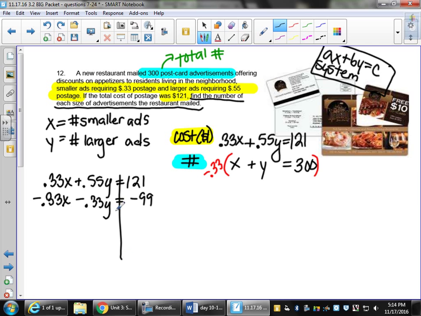Ready to linearly combine these. Let's see what happens. The x's cancel, which is good because that's what I wanted. Positive 0.33x cancels with negative 0.33x. Combining a positive 0.55 minus 0.33, we get 0.22y equals 121 minus 99, which is 22. We'll divide both sides by 0.22.